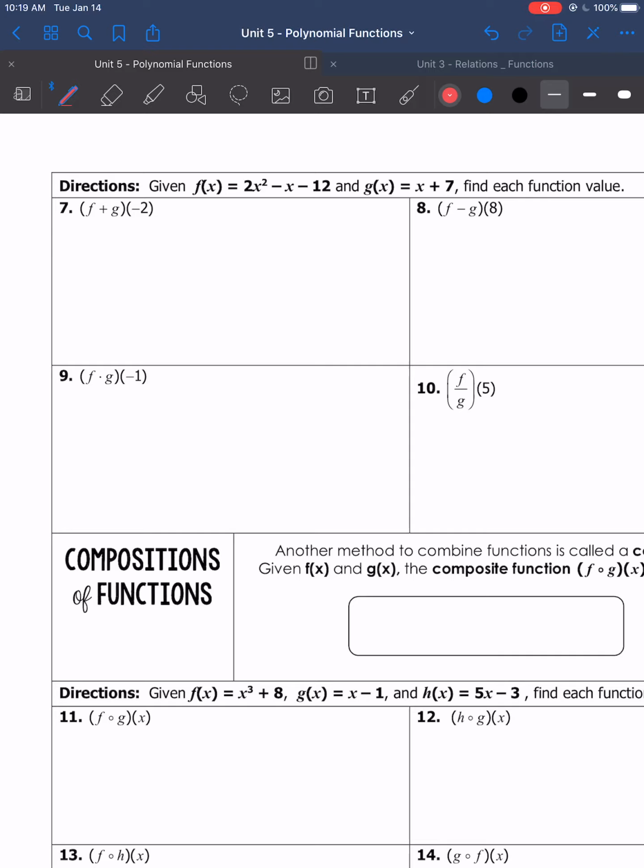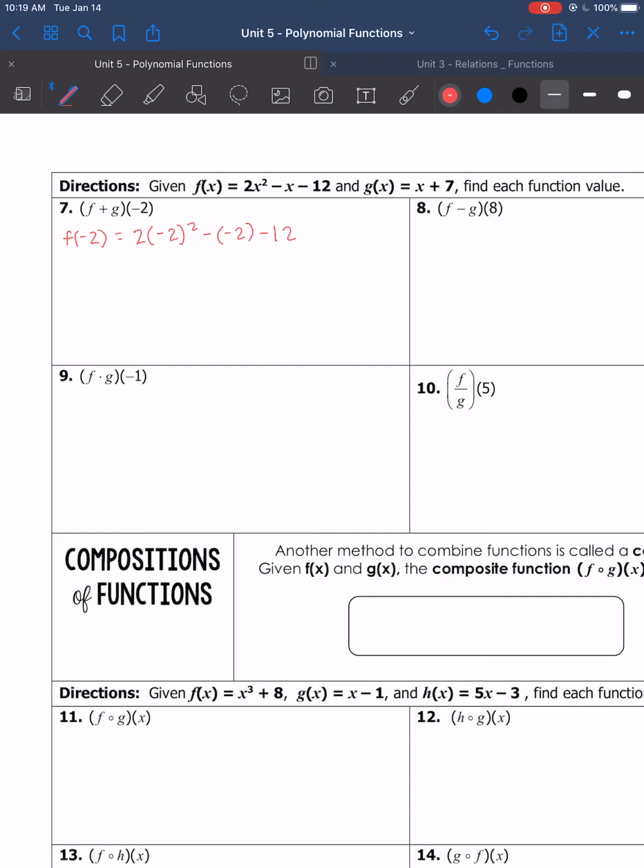So I could add them together with the x's first, but that's a lot more work. So we're going to do f of negative 2. That means I'm going to substitute negative 2 in for every x that I see in f. So 2 times negative 2 squared minus a negative 2 minus 12.